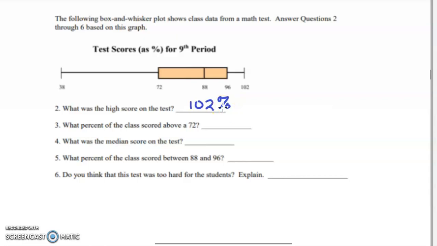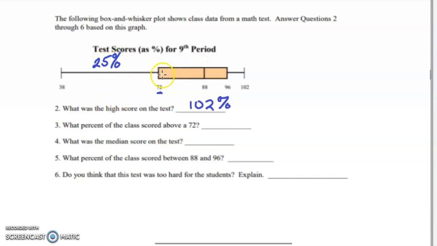Okay. Well, what percent of the class scored above 72%? Well, here's 72. And what do we know about a box and whisker plot? Well, this left whisker between our minimum and our first quartile is, now let's do this as, this is 25%.